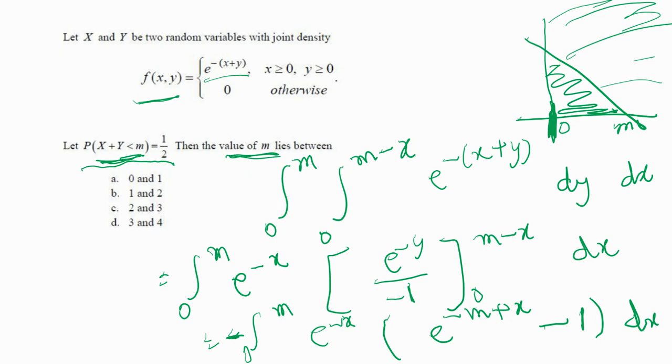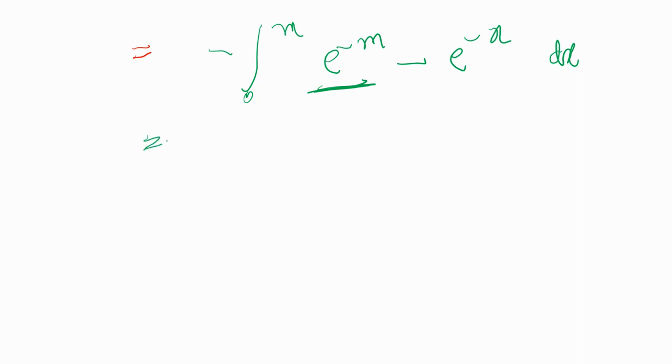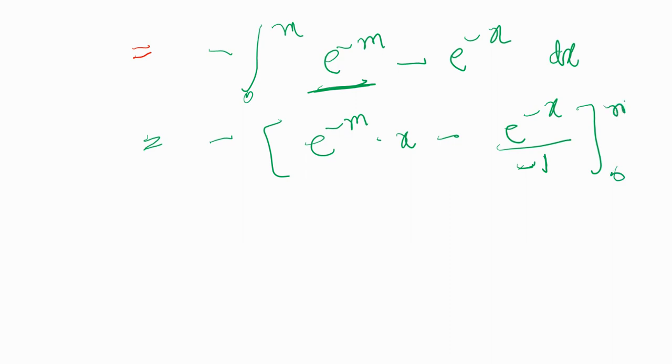So x will cancel out. It will be e to the power minus m. So 0 to m, e to the power minus m minus e to the power minus x, dx. Now this term is constant, so just x will come. So it will be minus e to the power minus m times x, minus e to the power minus x divided by minus 1, from 0 to m.